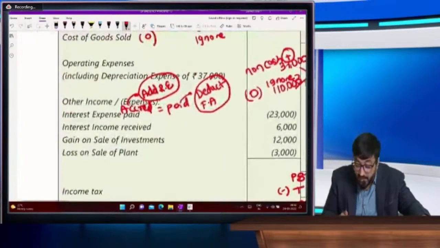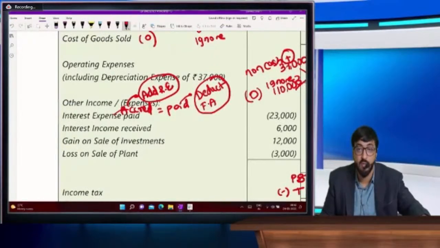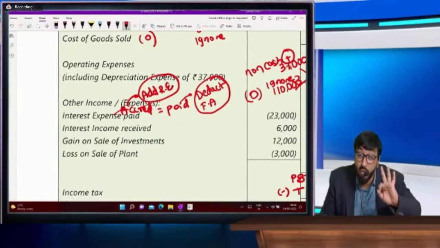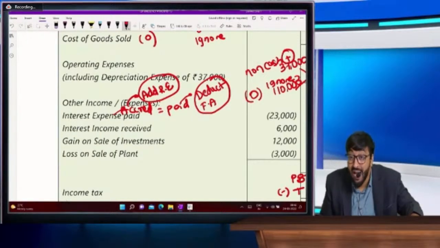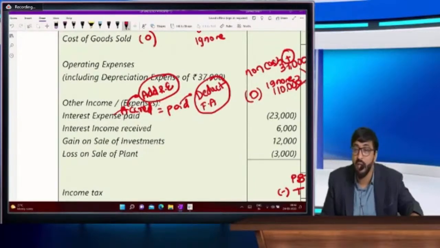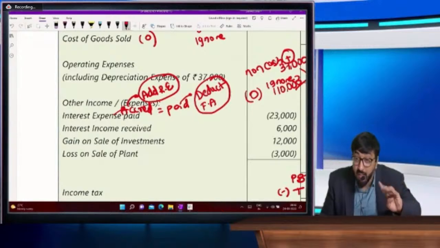Actually, in the P&L statement it is accrued, but ICAI has given you a clear-cut idea that accrued is equal to paid. So 23,000 I'm going to add while calculating operating profit before working capital changes. That is the accrued one when I'm adding it in net profit. And when I'm deducting from financing activity, that is the paid one.